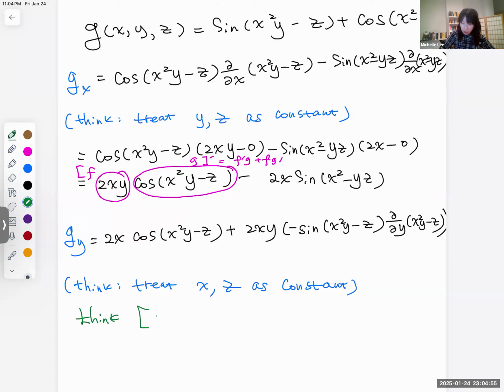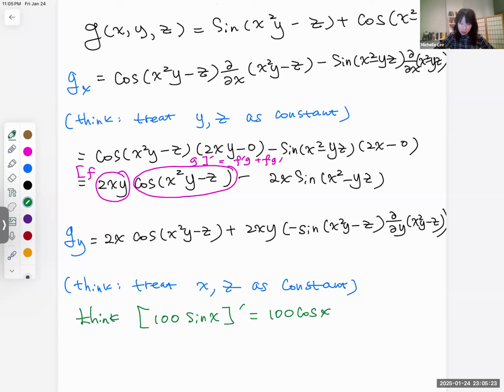We have 100 sine x, for example. Derivative: we keep that coefficient. Then what's the derivative of sine? Cosine x, right? Okay, so we don't need the product rule.